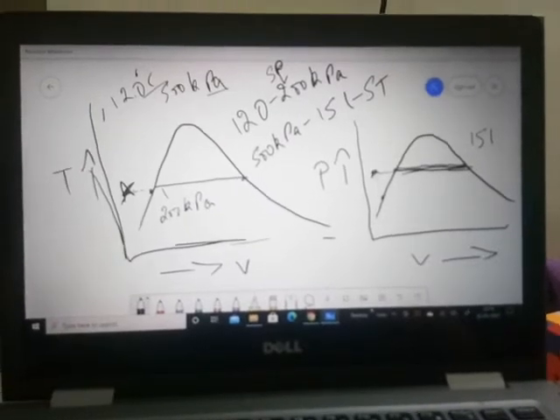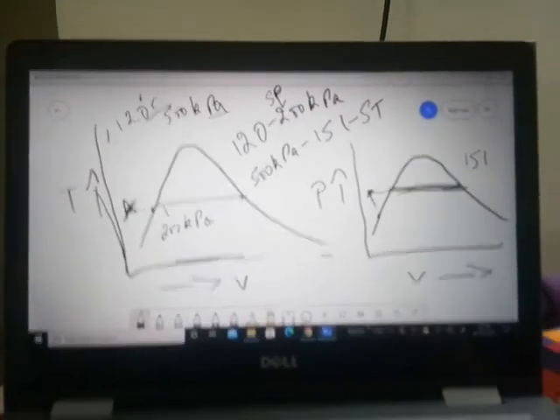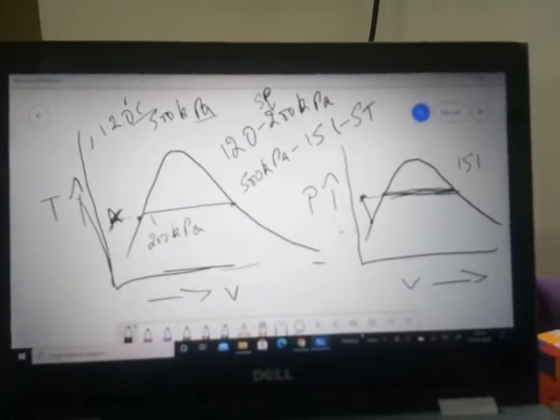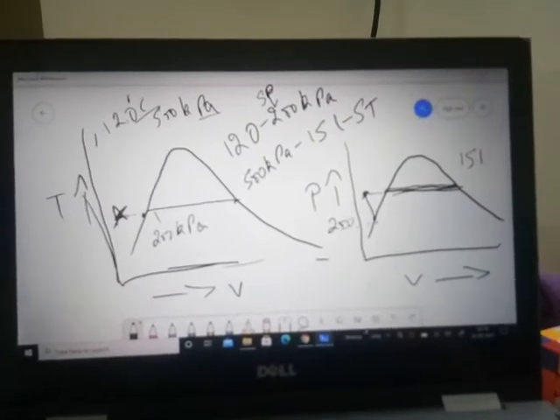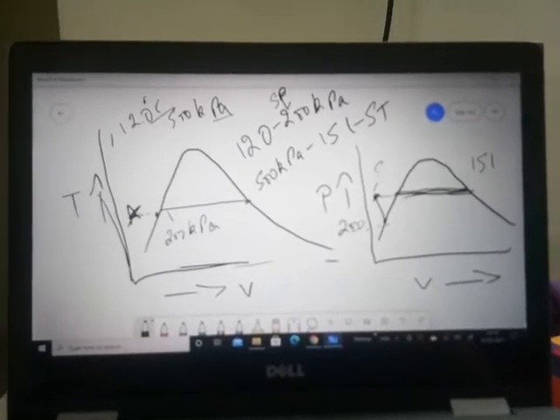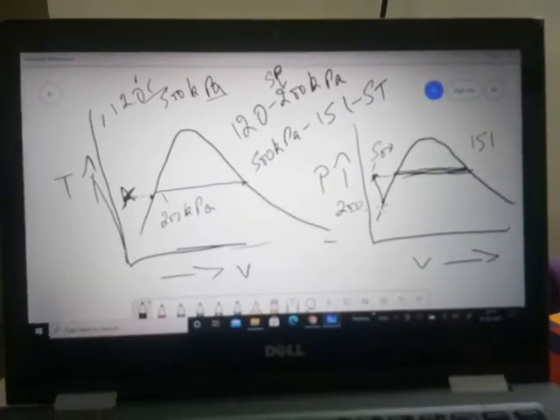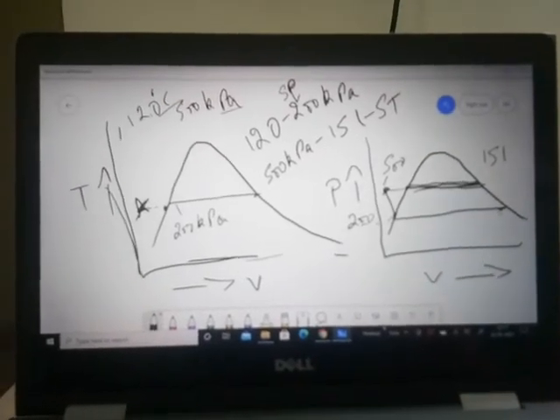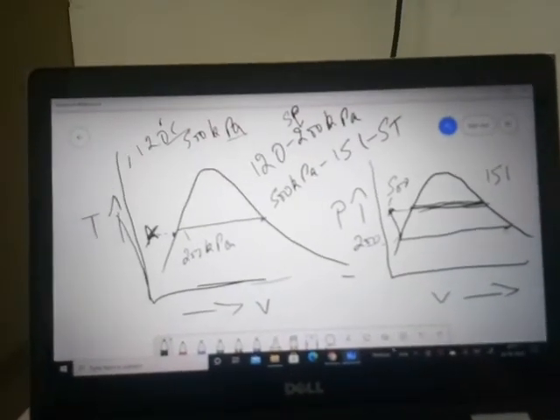So this liquid can become a vapor at 120 degrees only if I decrease the pressure and come down to 200 kilopascal from 500 kilopascal. So you can show this line. But that does not happen, but you can show it.